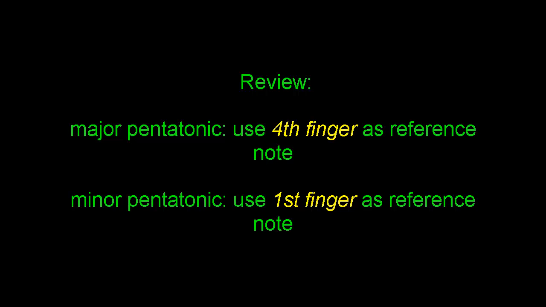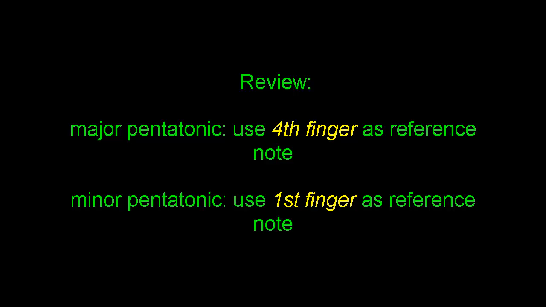Let's take a moment to review before we move on. Assuming we're using string 6 as our reference string, we can use the exact same scale fingering pattern for both the major and minor pentatonic scale. Now to find out which scale we're playing, in other words whether it's a C major pentatonic or an A minor pentatonic, we're going to use our fourth finger as a reference note.